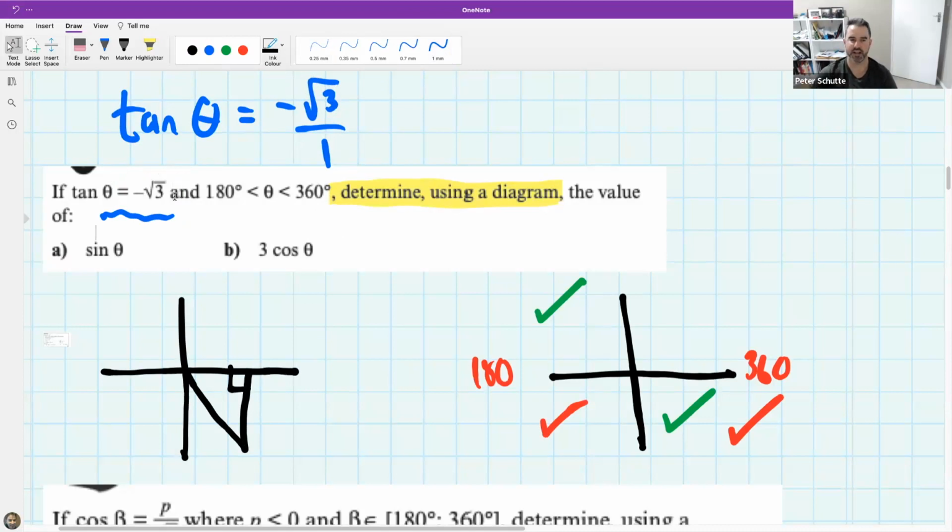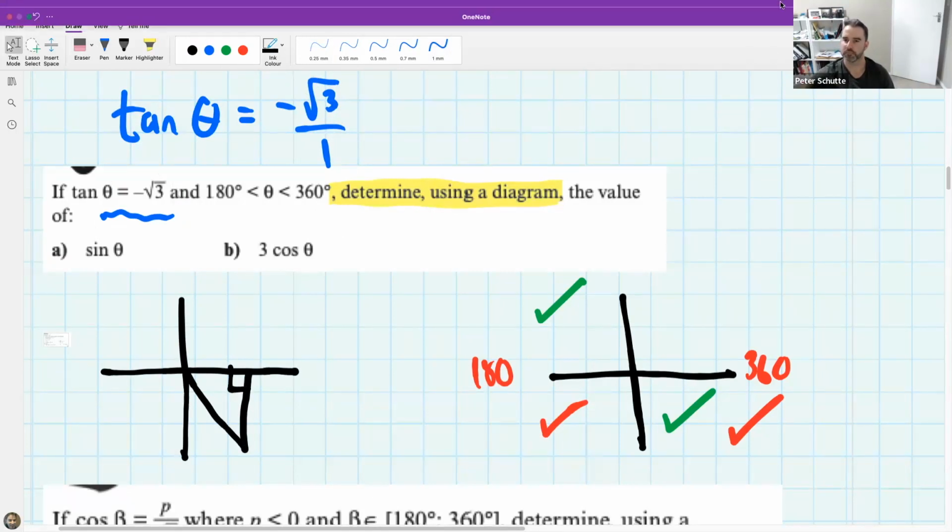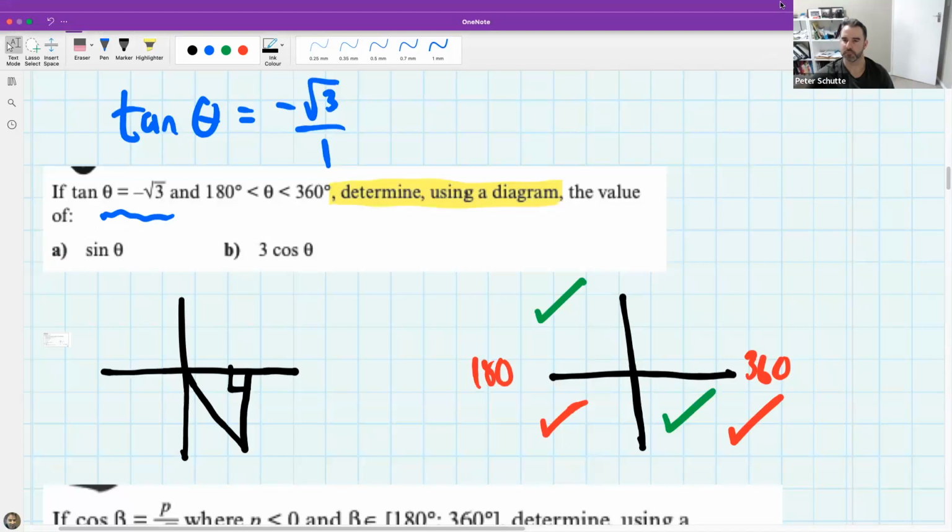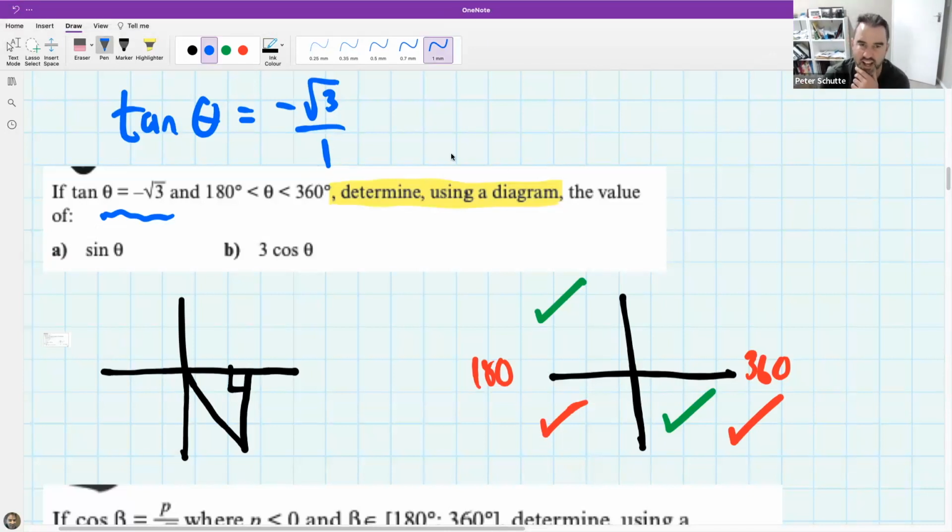Does anybody have an idea why I put the 1 there? Because I know that tan is a ratio of sides. So tan has to be O over A, or it has to be Y over X.